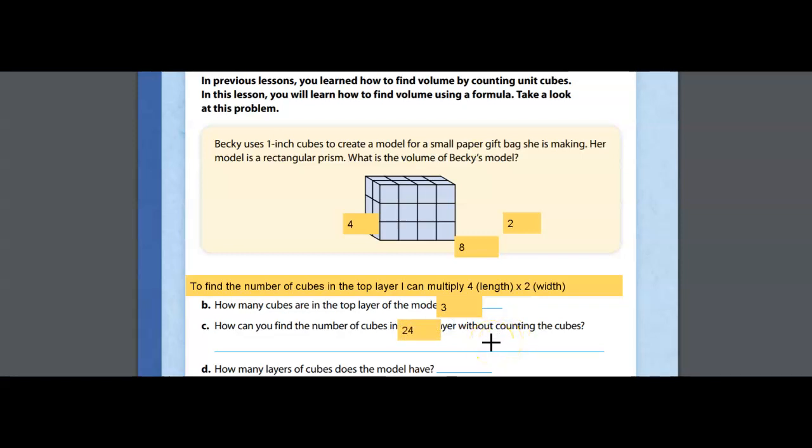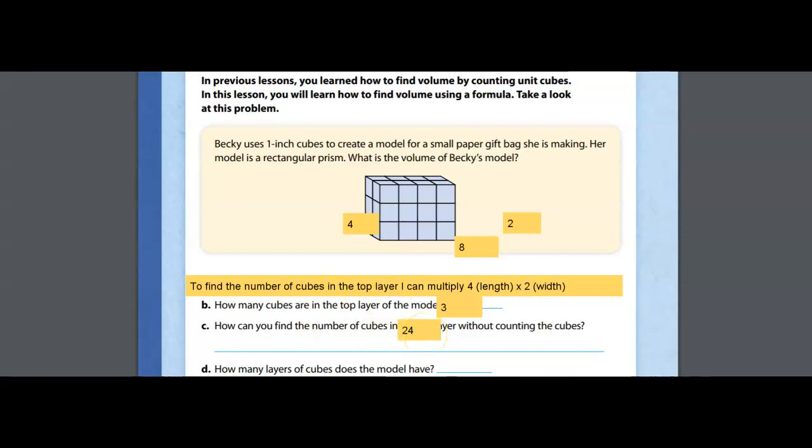Now, in this lesson, we're going to use a formula to solve for volume. But first, before we go into our formula, I want you to explain how you can find the volume of Becky's model without counting each cube. So explain in your own words how we found that the model is 24 1-inch cubes.